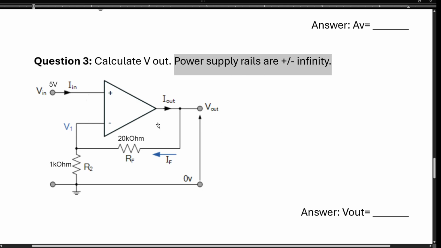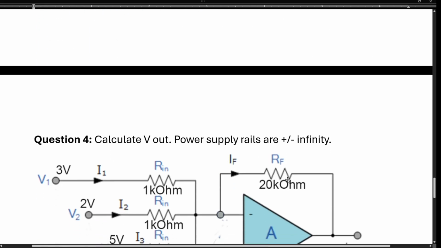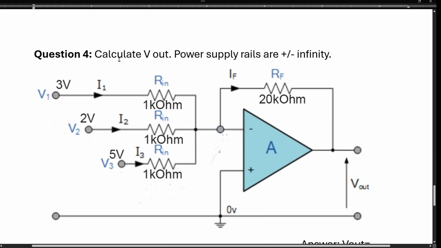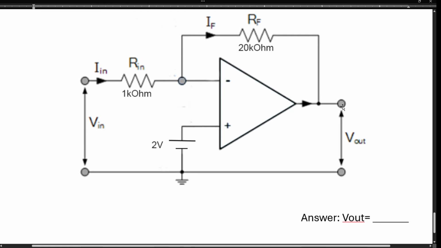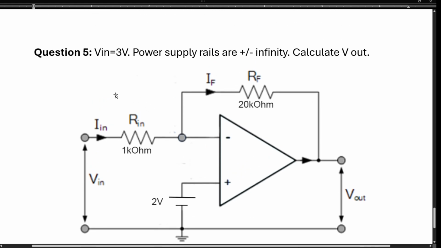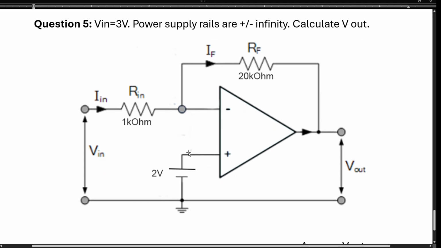It's connected to plus infinity, negative infinity. What is going to be on the output? And also calculate the voltage on the output with this summing amplifier based on what you had. And over here, question 5, power supply rails are plus minus infinity. Calculate voltage out. So we have a different type of circuit.